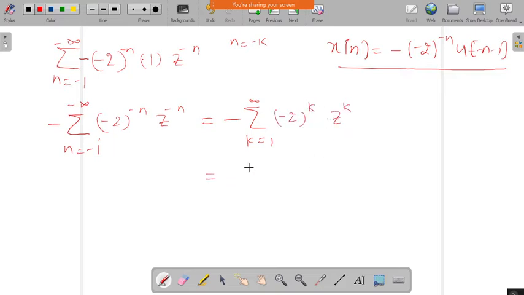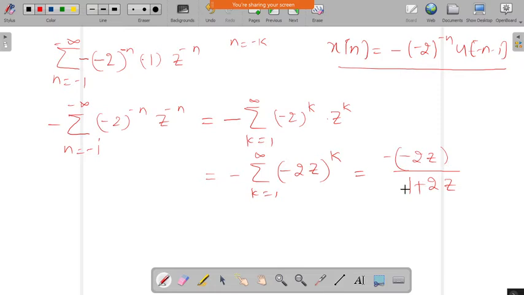So this gives minus summation k equal to 1 to infinity of minus 2z whole power k. So we can put this as minus of minus 2z divided by 1 plus 2z. Okay, so this will give 2z divided by 1 plus 2z.